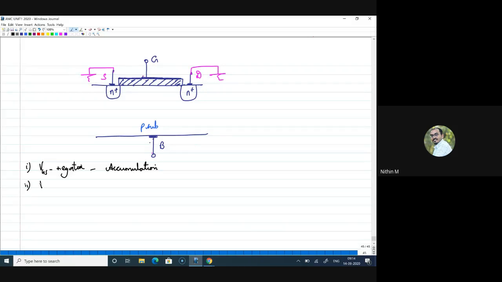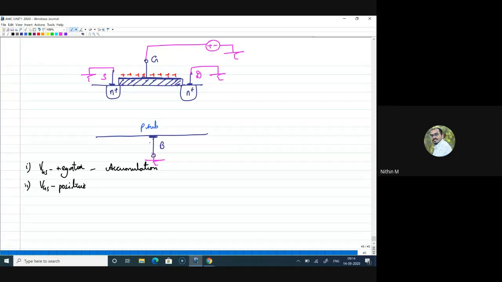Now if I apply a positive voltage, or change the voltage from negative to positive, what happens? The gate plate will be deposited with positive charges. I'm connecting the gate to a voltage source, with the positive terminal to the gate and the negative to ground, where the source is grounded and the body is also grounded.